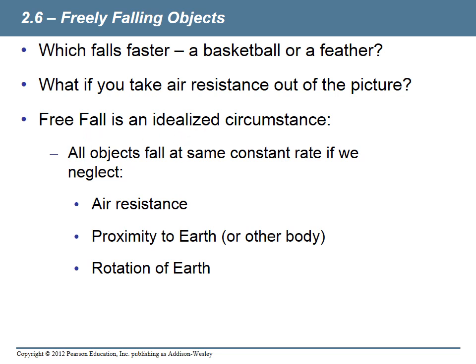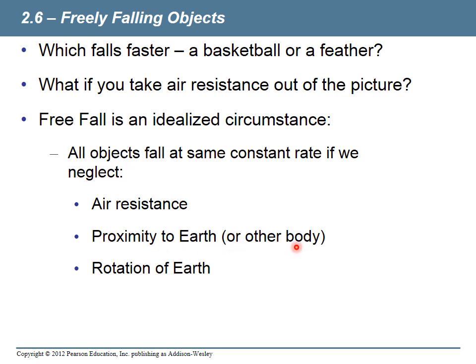The assumption we make in free fall is that all objects fall at the same constant rate if we neglect air resistance, proximity to Earth, or rotation of the Earth. Air resistance slows down the object due to friction. You can try dropping a piece of paper or a pencil. The paper will fall slower because there's a larger surface area and there's more resistance.